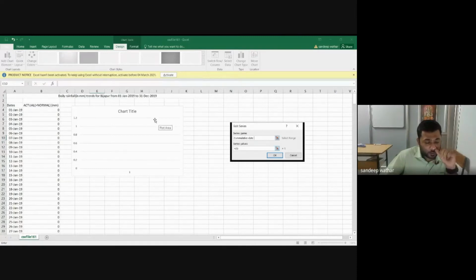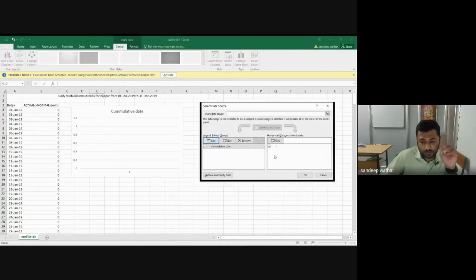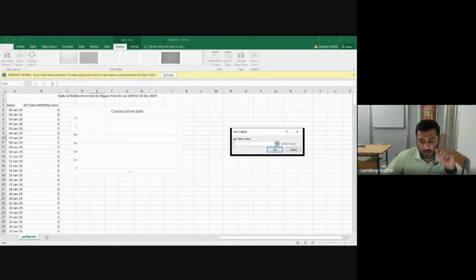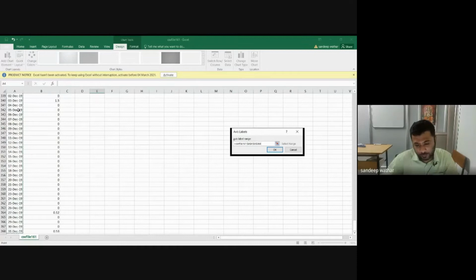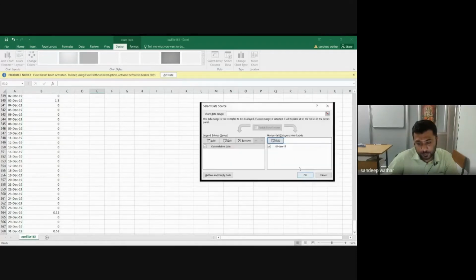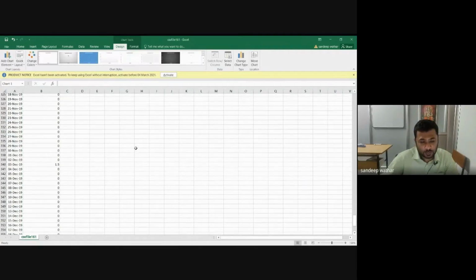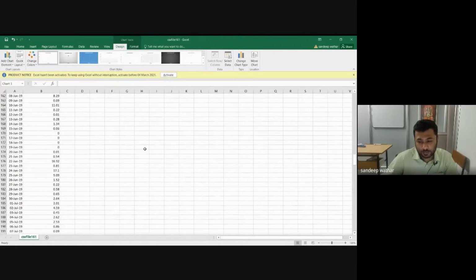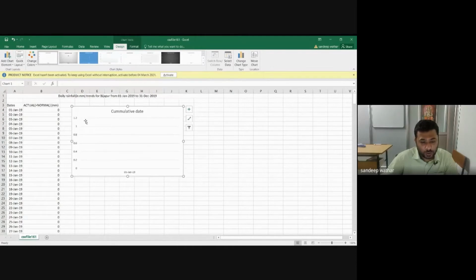Right now I have not calculated cumulative values, so I'll keep this as it is. On the x-axis, we will have the dates. Right now there is no value, so that's why there is no graph that you can see here.